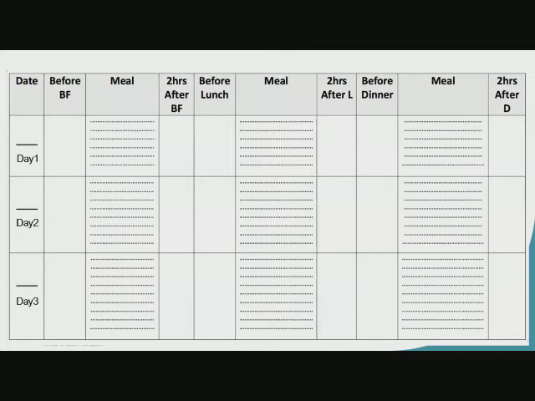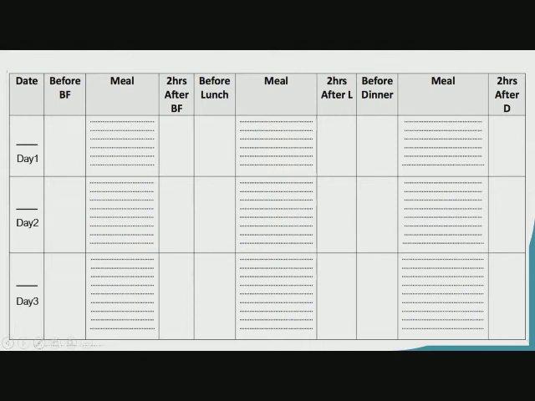Okay, here we have the sheet. This is the self-monitoring blood glucose sheet that we have in QDA. We give it to everyone who wants to control his or her blood glucose, and we ask them to fill this table. As you can see, you write down the date first, and then you check once before breakfast.